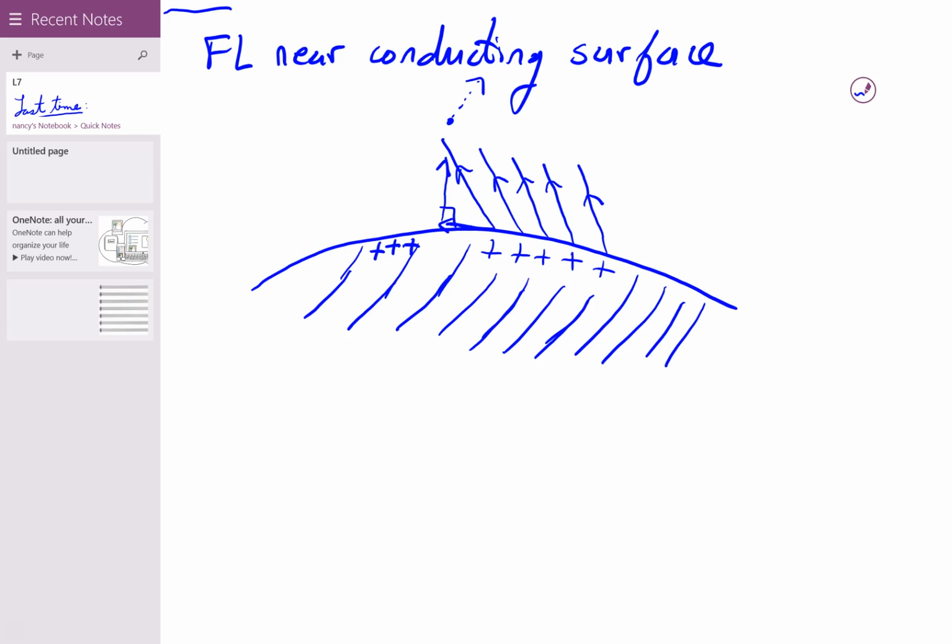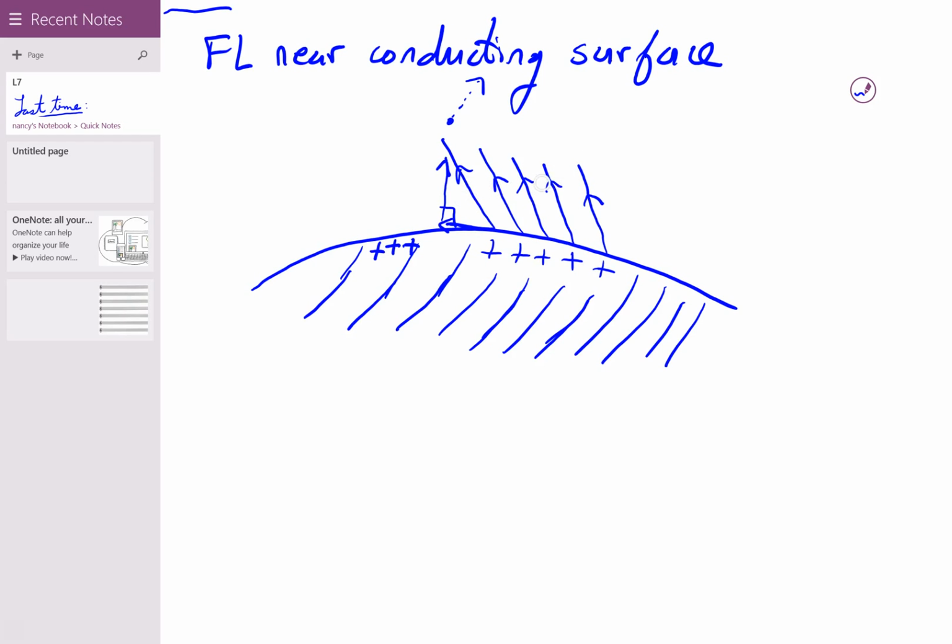What I hope you can see is that when I add this arrow to the original electric field, head to tail, the sum of this vector and this vector would be a much more upward pointing vector. So the process of moving the positive charges in this direction tends to push these electric field lines so that they become more straight.